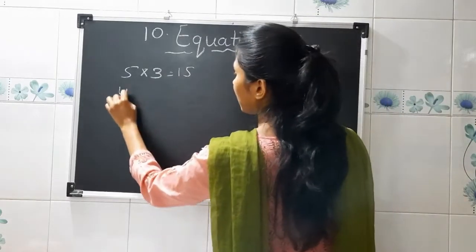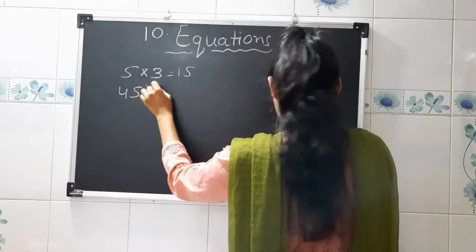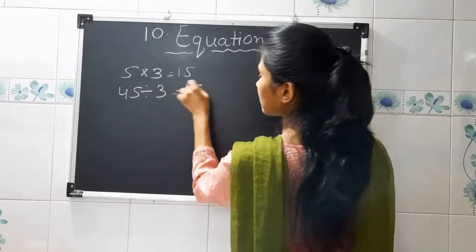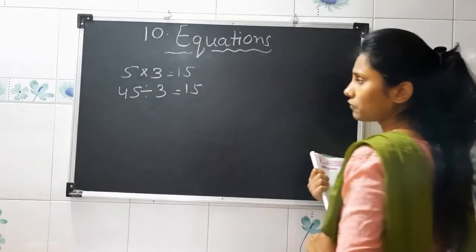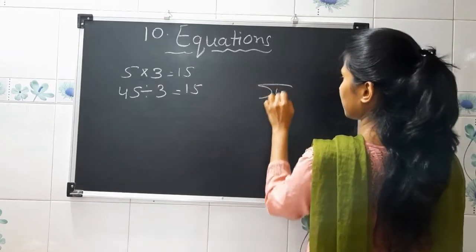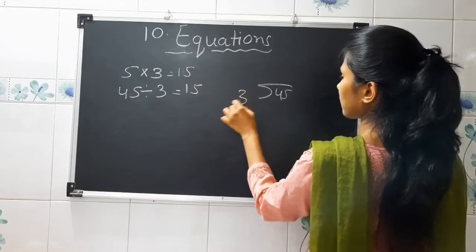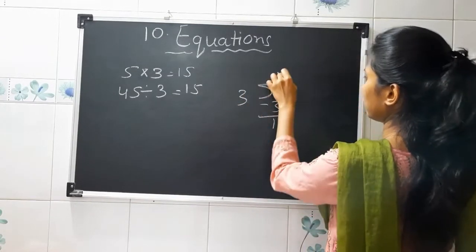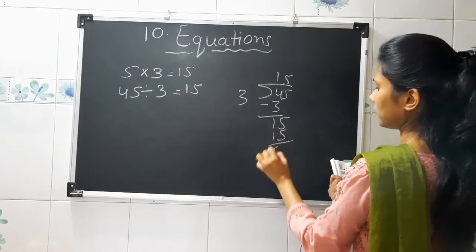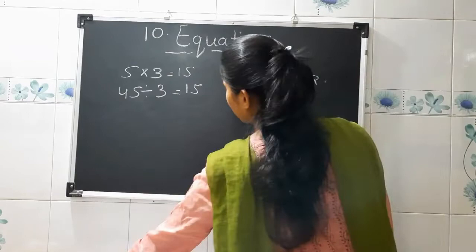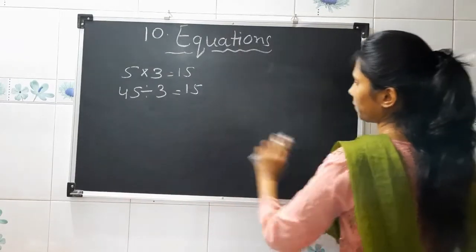Similarly, if we divide 45 by 3, it will also give you the answer 15. Understood? 3 ones are 3, 3 5s are 15. So we got the quotient as 15, means we got the answer 15.